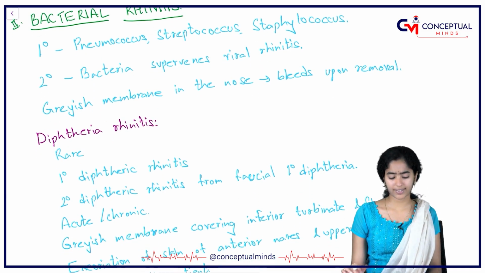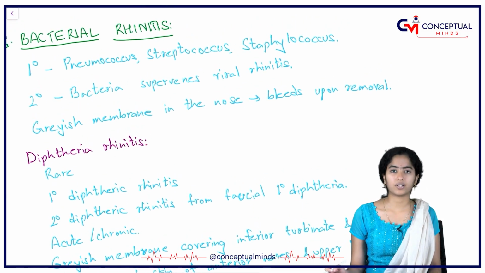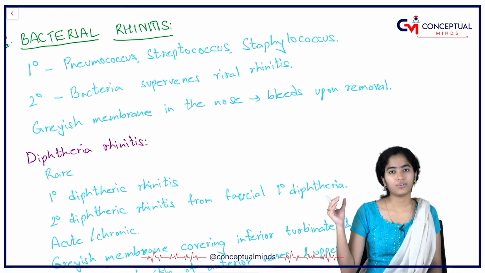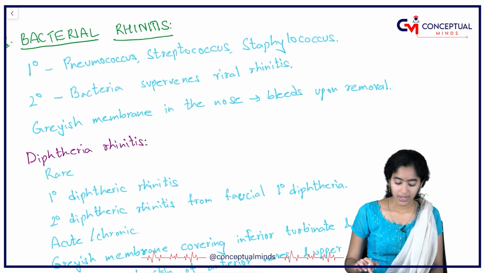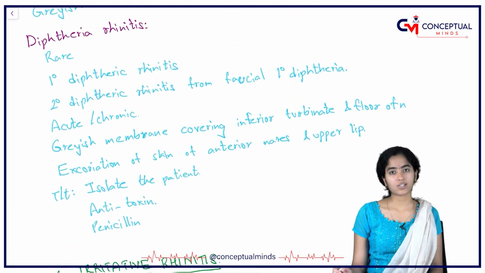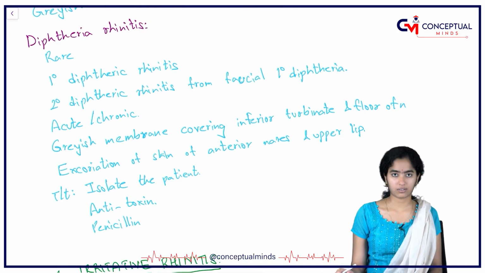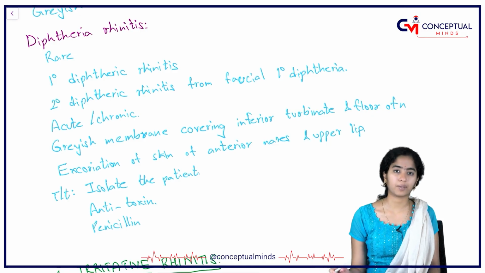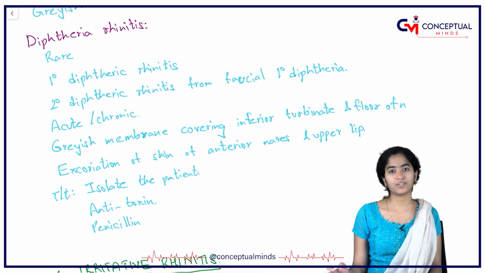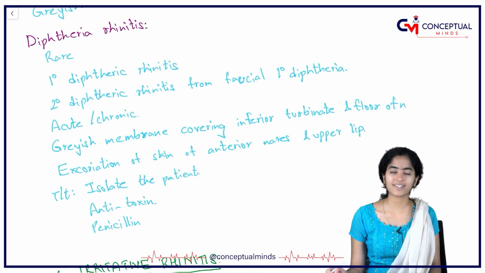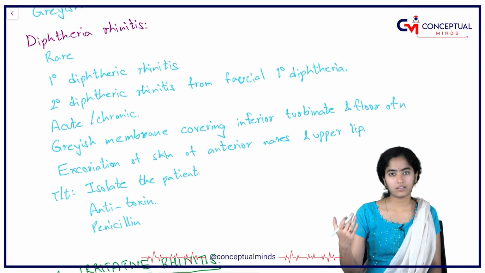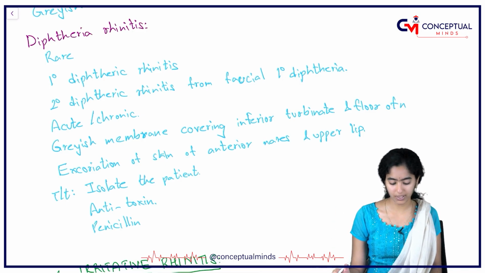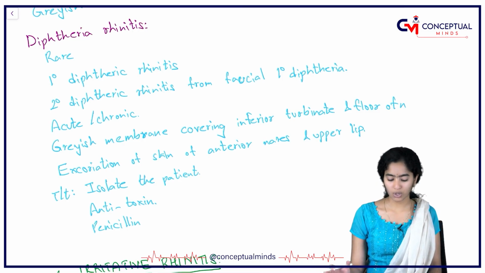In bacterial rhinitis, a grayish, tenacious membrane is formed in the nose, but if we try to remove that membrane, it causes bleeding. Diphtheric rhinitis is a special variant under bacteria and it is very rare, but if it occurs, it can either be a primary diphtheric rhinitis or a secondary diphtheric rhinitis, that is a diphtheria that has started normally as a faucial diphtheria that later spreads into the nose and causes diphtheric rhinitis, and this can be acute or chronic.